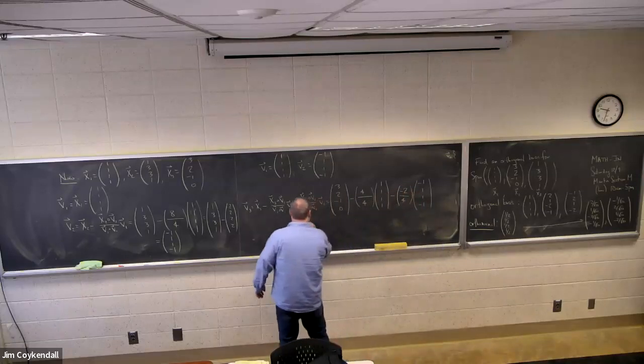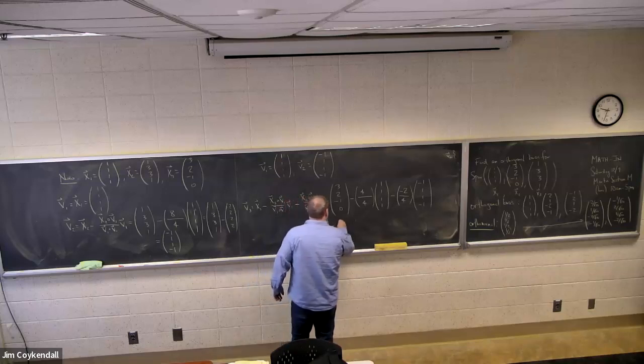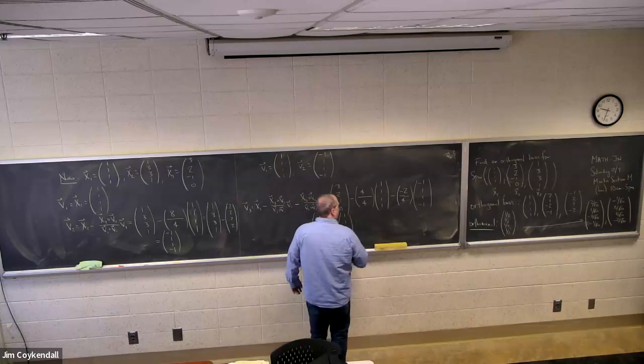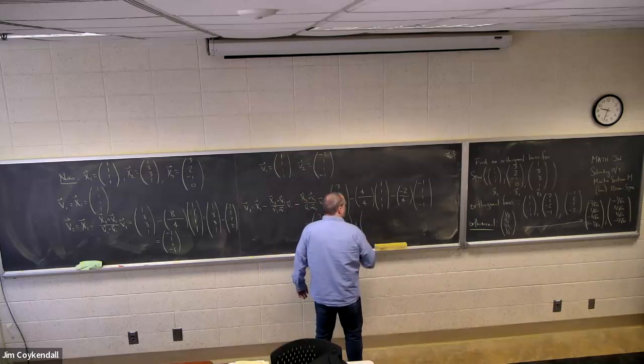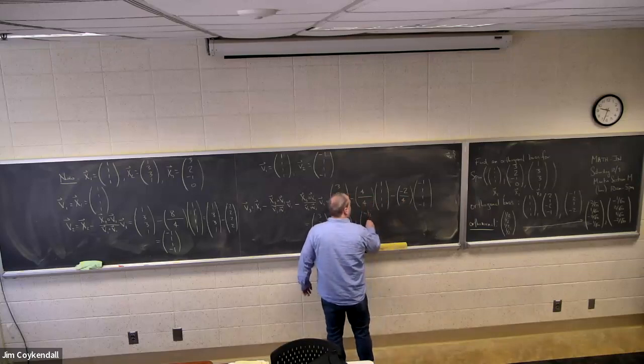So what I get here is 3, 2, minus 1, 0 minus 1, 1, 1, 1 plus, so that's going to be plus a half, so it's going to be minus a half, a half, a half, minus a half.